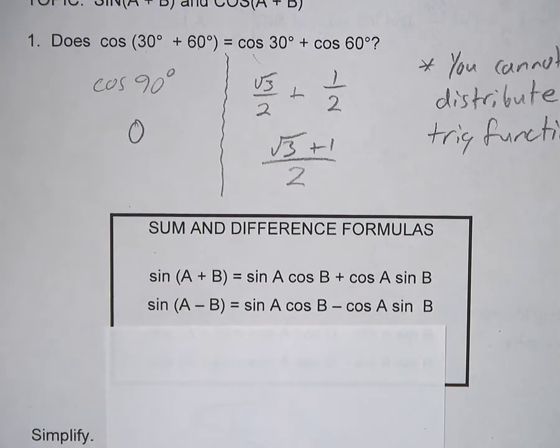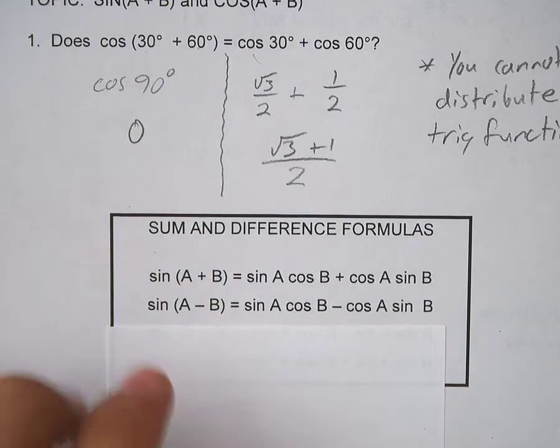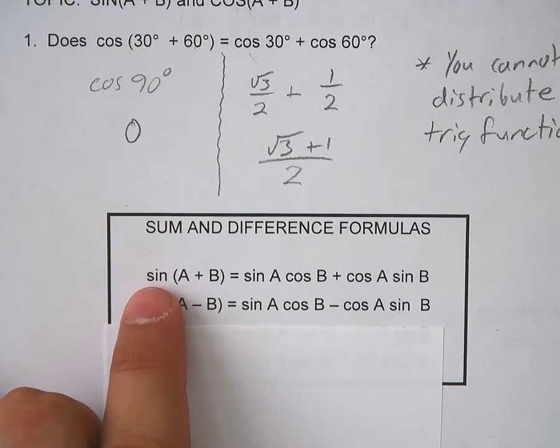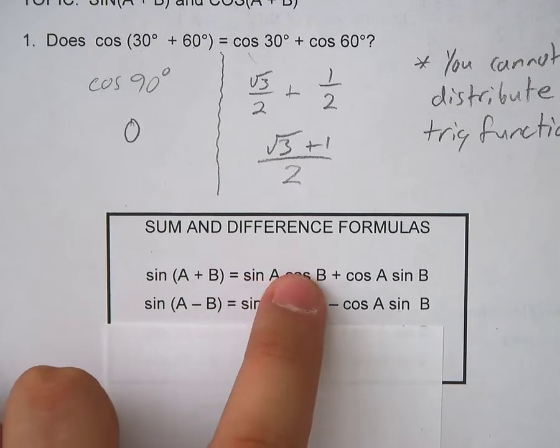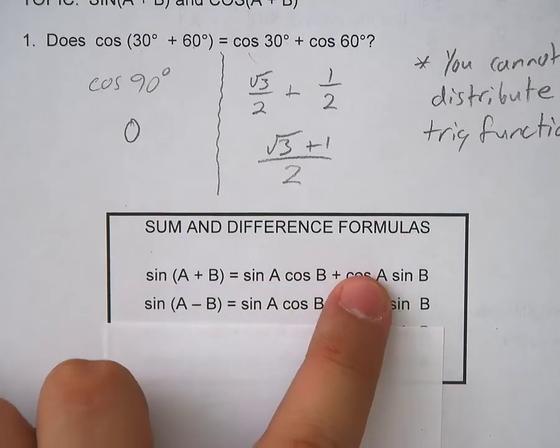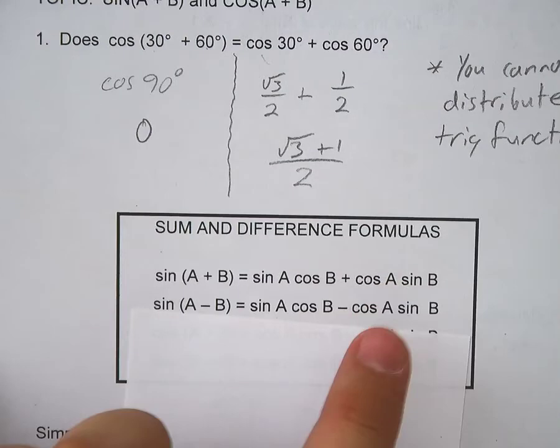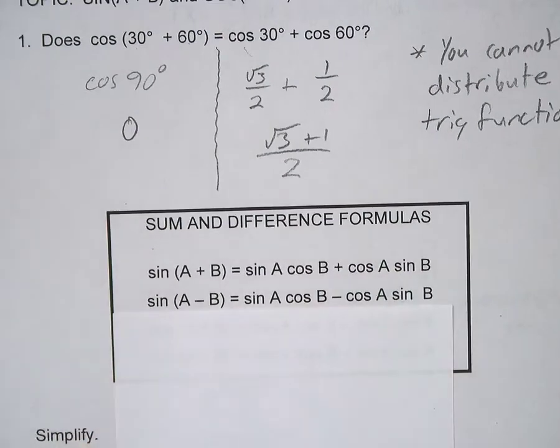It's just sine a cosine b plus cosine a sine b. What they're saying is that the sine value, the y value of a plus b, is the y value of a times the x value of b plus the x value of a times the y value of b. It's kind of like you're taking all of the parts of these points into play.